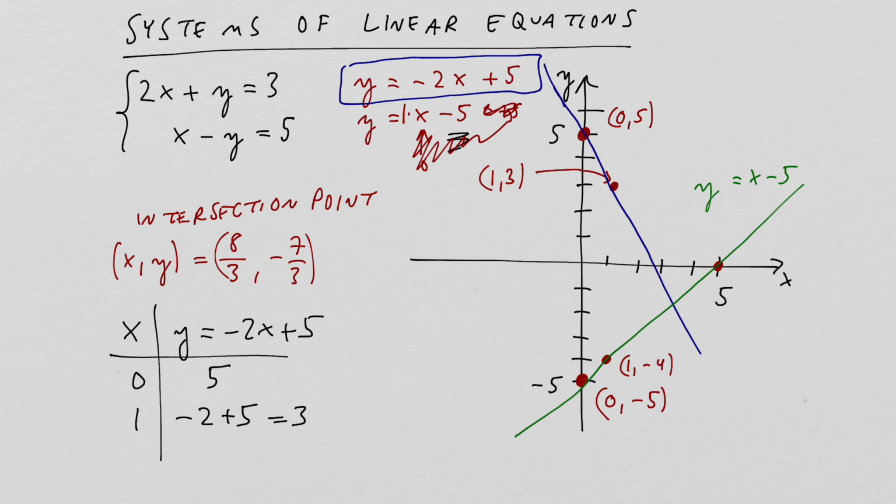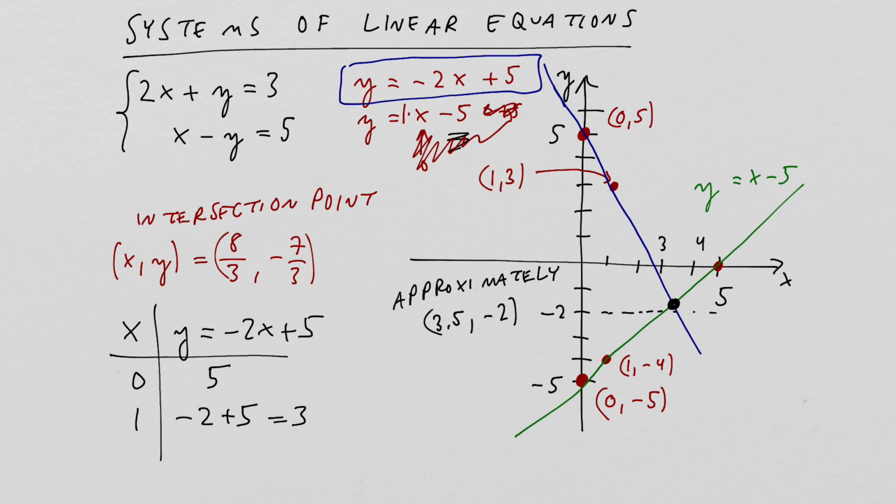Maybe there are some mistakes, but from here we could estimate that the solution, which is the intersection point, should be about x between 3 and 4, so perhaps x is 3.5, and y is almost at the same level as -2, so perhaps y is -2. This would be the approximation we get from the picture.